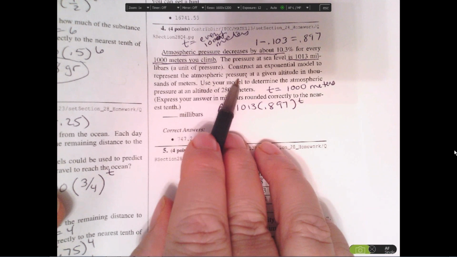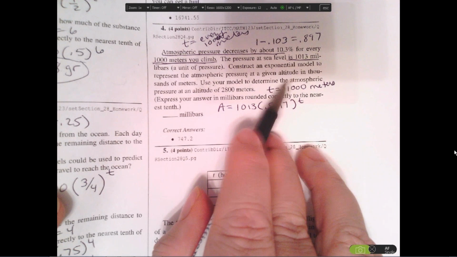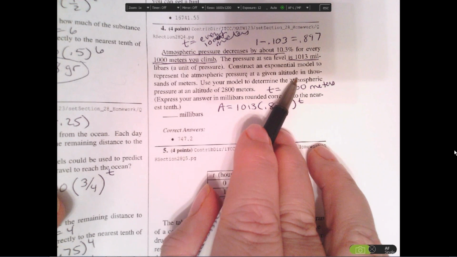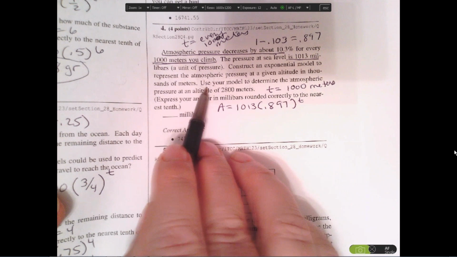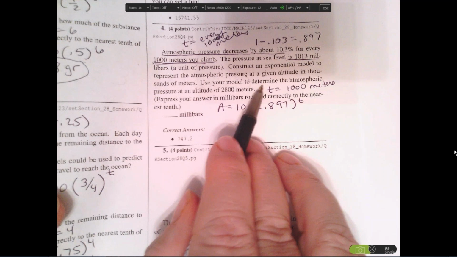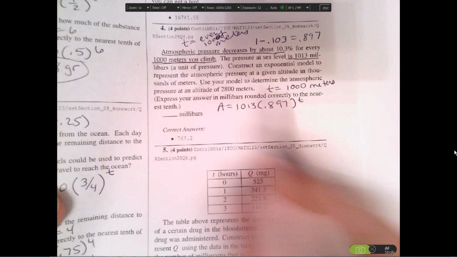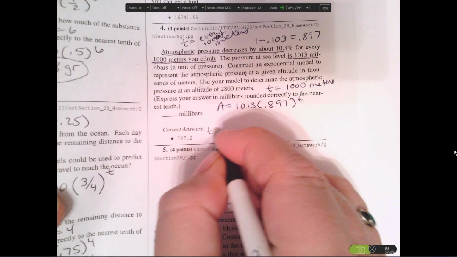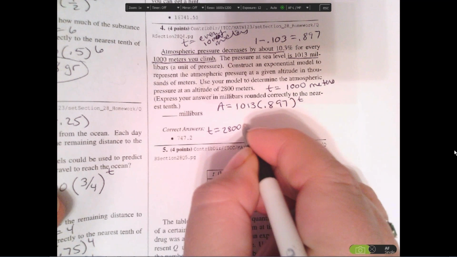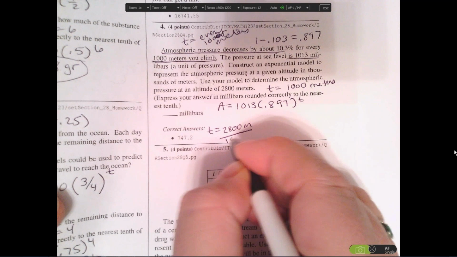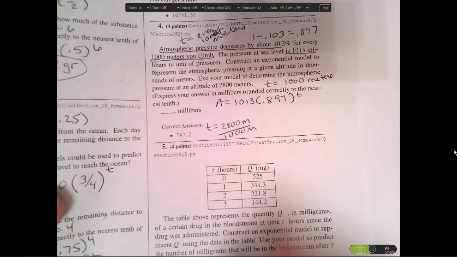Construct the model of a given altitude in thousands of meters. Use your model to determine the pressure at an altitude of 2,800 meters. So this is where you run into trouble. If it's 2,800 meters, T is per every 1,000 meters. You've got to divide by 1,000. So T is going to be 2.8.